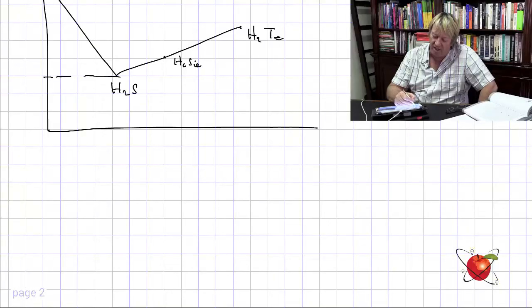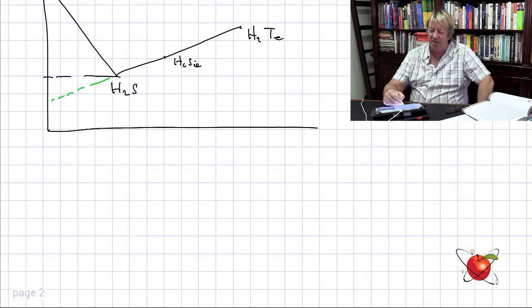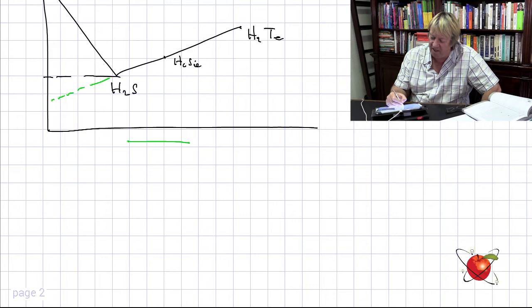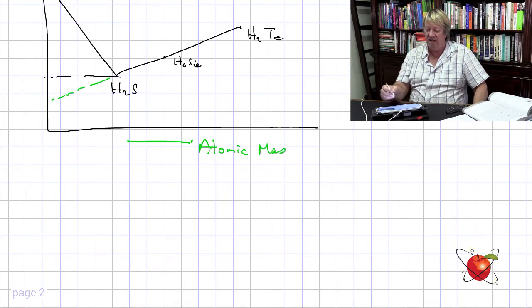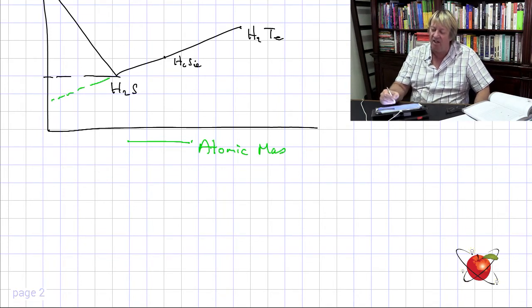We would say that if we look at this logically, we would expect water to be down here somewhere. All these others, can you see, this is my atomic mass going up here. It's increasing as I go along.